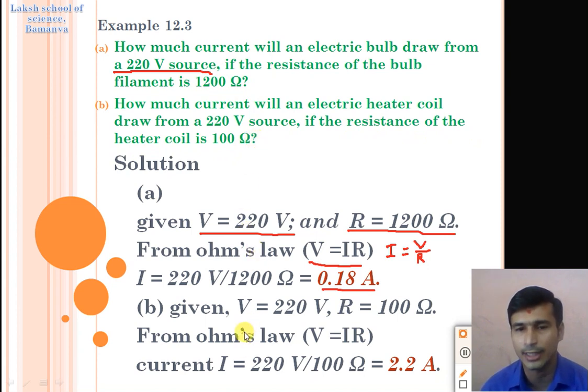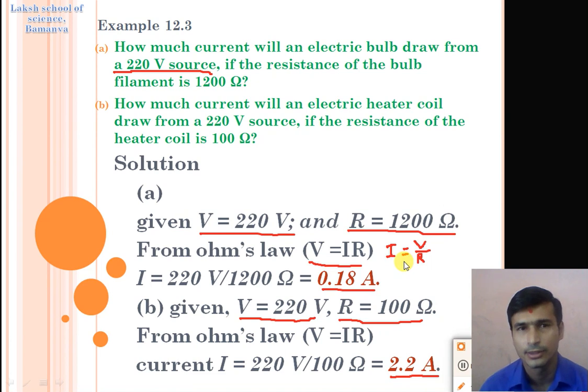So V is equal to 220 volt and R is equal to 100 ohm. According to Ohm's law, V is equal to IR, so I is equal to V divided by R. The current passing through the electric heater is I equal to 220 divided by 100 ohm. We get the answer 2.2 ampere.